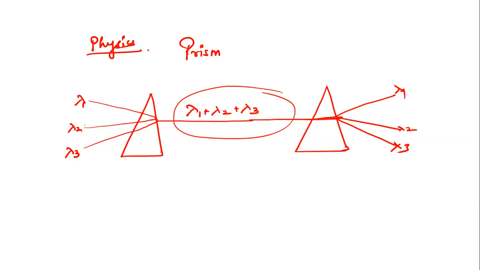So यहाँ पे क्या है कि if you want to understand, you can say that you want to combine multiple light sources. ठीक है? Suppose these are multiple light sources and you want to combine it into a single light. ठीक है? So this combining and splitting of light is done at prism.